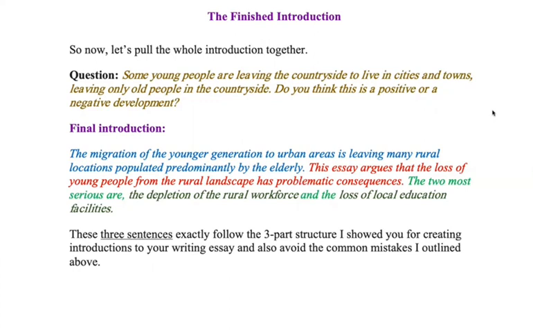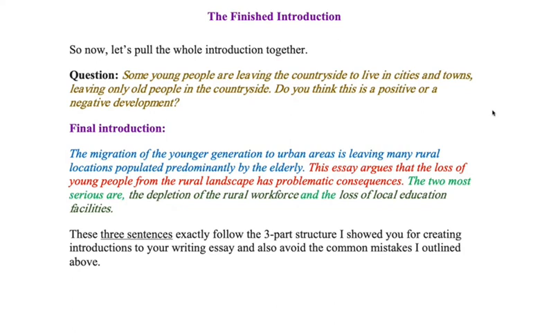So we said the migration of the younger generation to urban areas is leaving many rural locations populated dominantly by the elderly, and we explained this in detail previously. And then the thesis statement, it summarizes the main point.